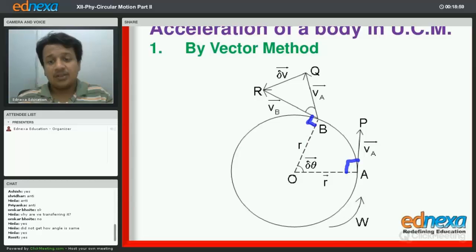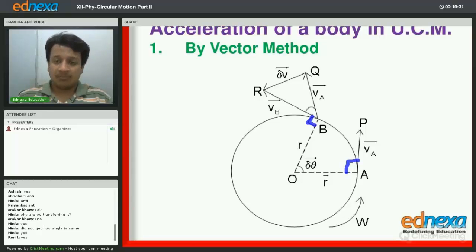Now, again I will explain the complete diagram. Consider UCM in anti-clockwise sense. Initially, the particle is at point A. After some time, the particle reaches point B by covering angle delta theta. Let vector R be the radius vector or position vector. OA is the radius vector and AP is the velocity vector, that is vector VA. At point B, the velocity vector is vector VB.